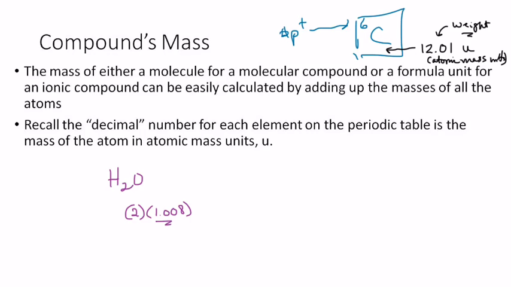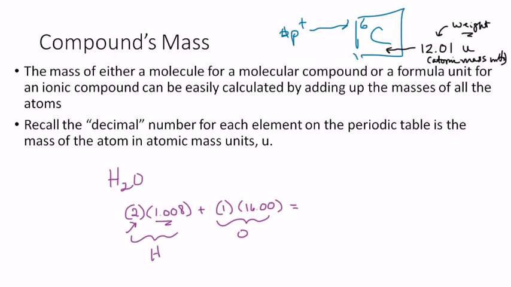So that's how much one weighs, and we have 2 of them. And we have to add the oxygen part. For a water molecule, there's only 1 oxygen atom. I'm in the habit of putting the number 1 there, even though it doesn't change the answer. And the decimal number for oxygen is 16.00. So this is for hydrogen, and that's for oxygen.